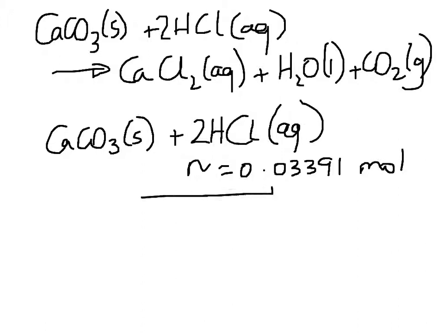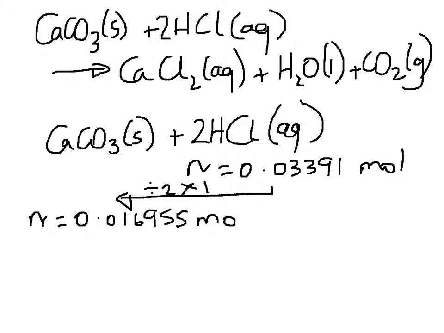We use our molar ratios here, divided by 2 times 1, equals N equals 0.01695 moles. And we can work that out in grams, which we'll do in the next step.